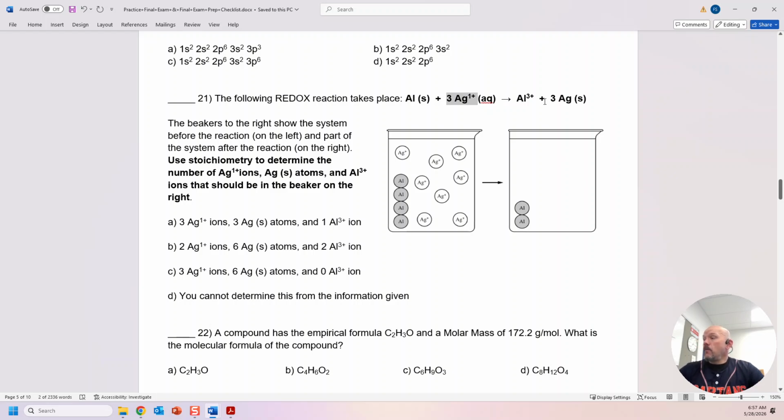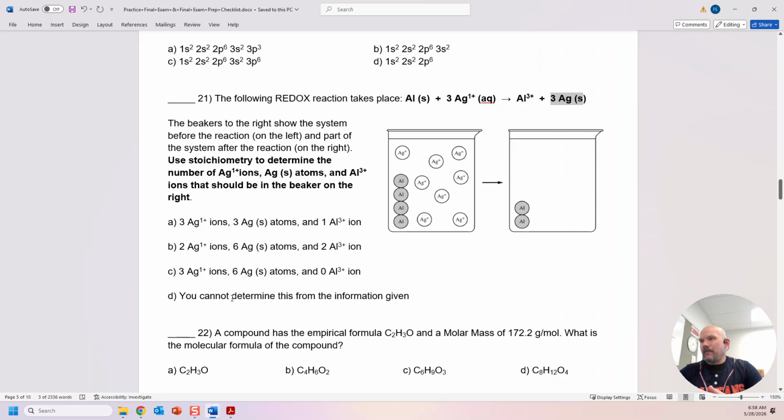But then we have to have our products. We lost 2 aluminum atoms, so we're going to have 2 aluminum ions floating in solution. And we're going to gain 6 silvers. Now it's silver solid, so you would stack up the silver atoms the same way the aluminum stacked over here, but you would stack up 6 of them. And that's what would be in your beaker.